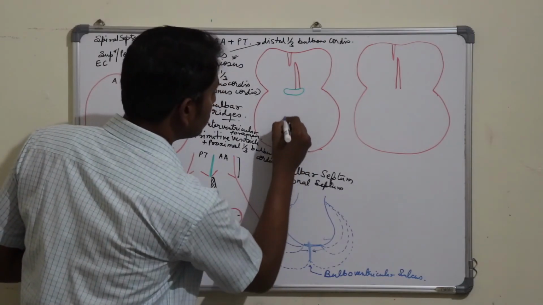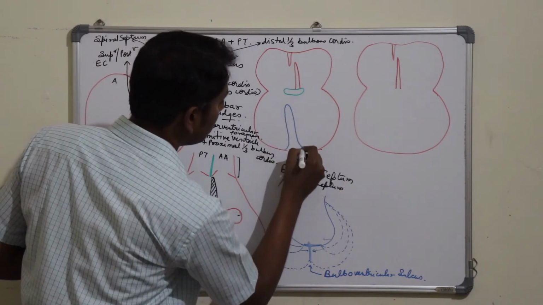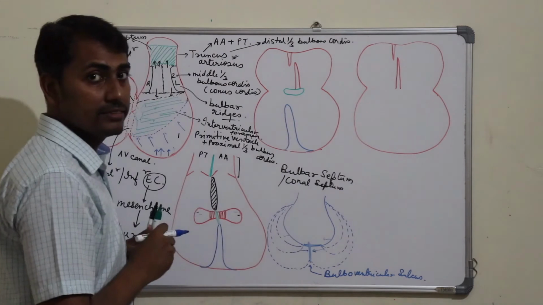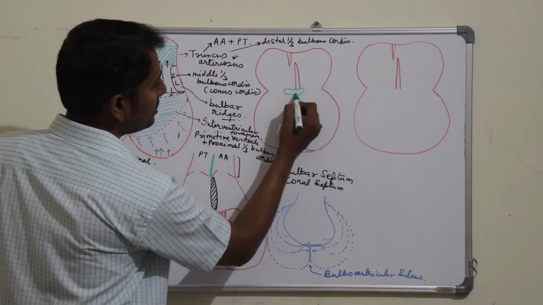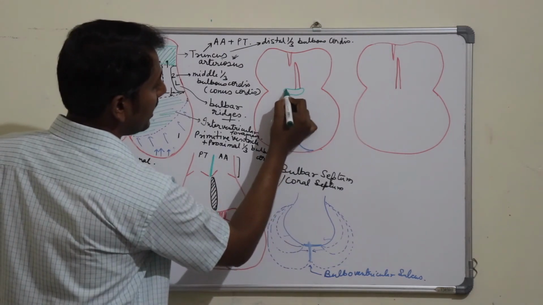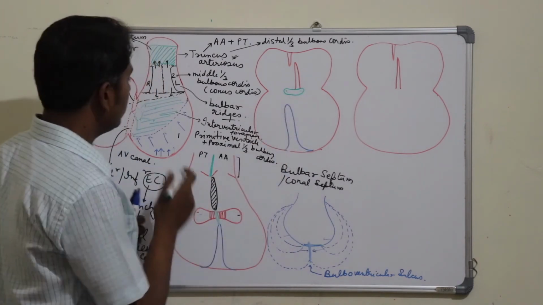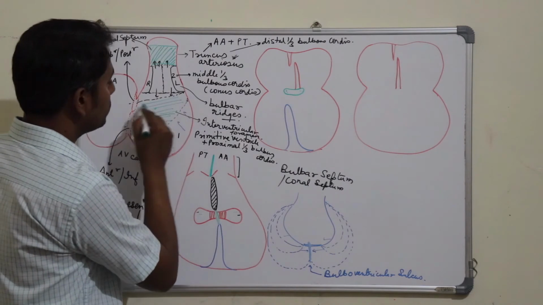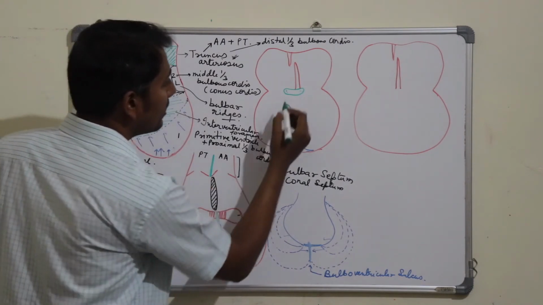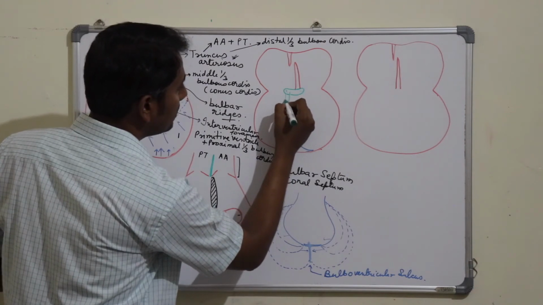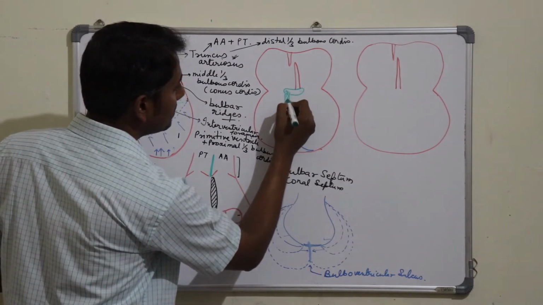This was the muscular part of the interventricular septum developing from the floor of the ventricular cavity. So, if this was the fused endocardial cushion, this was the right part and this was the left part. This proliferation developed from the right part of the endocardial cushion in this way, which filled this gap.